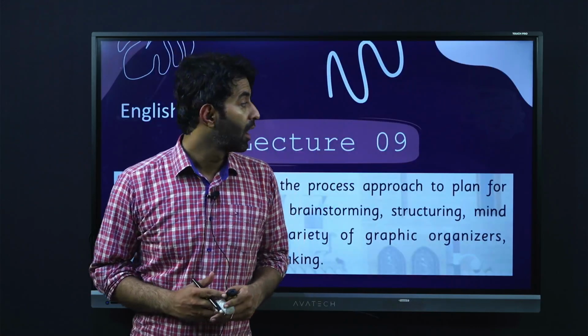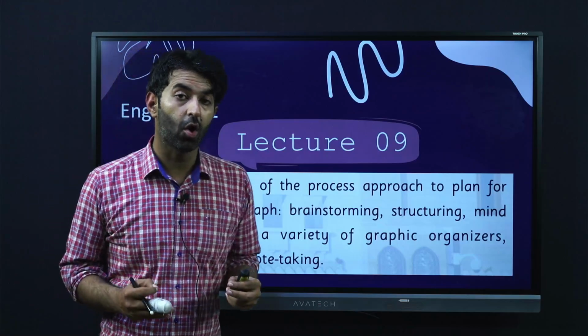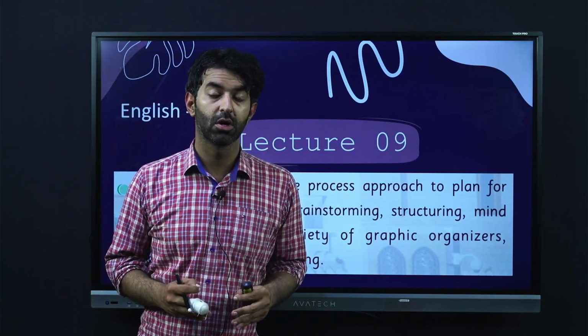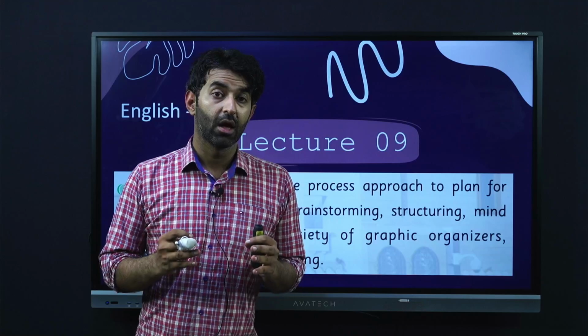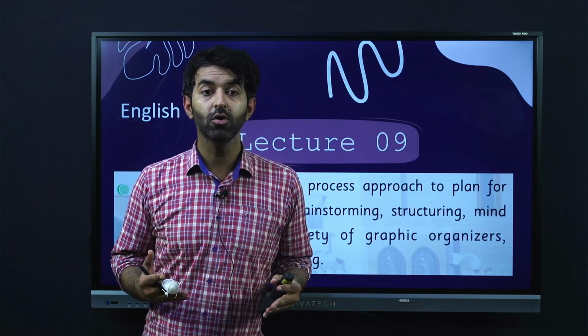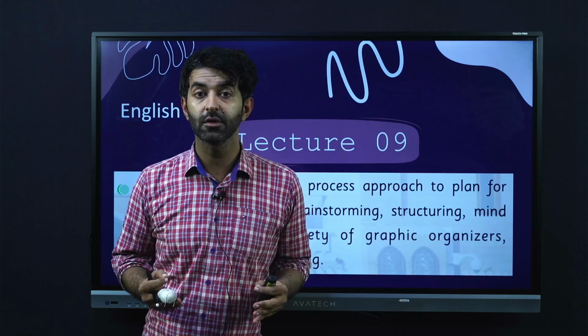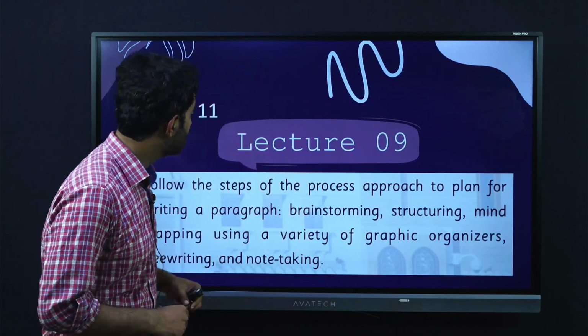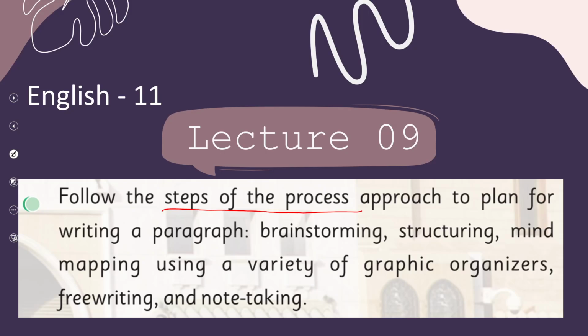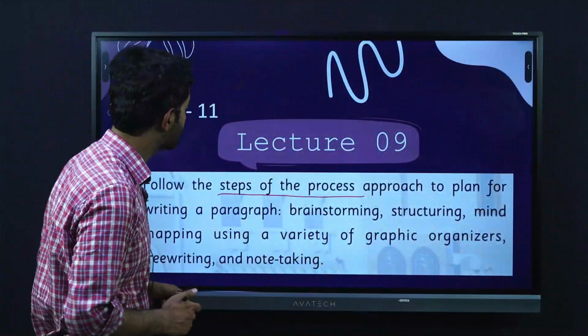Important. Now this is a continuity of our previous lecture about writing. In that one, we learned about editing and proofreading skills, and now we are going to see our students' learning outcome.